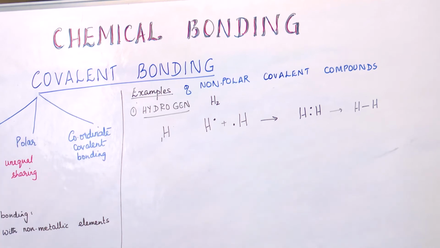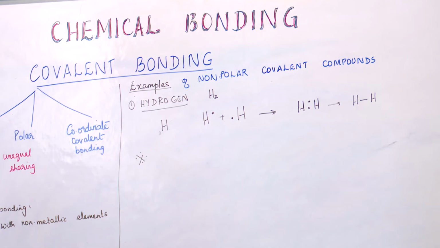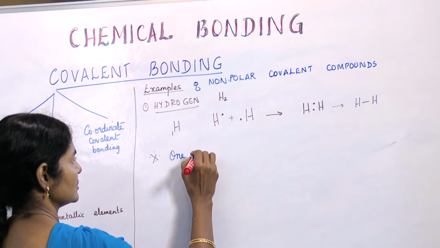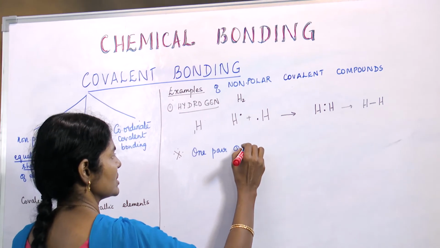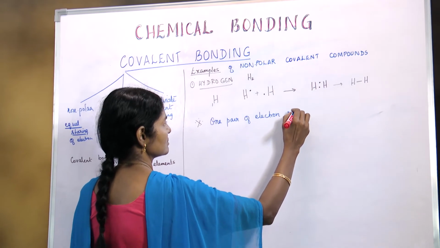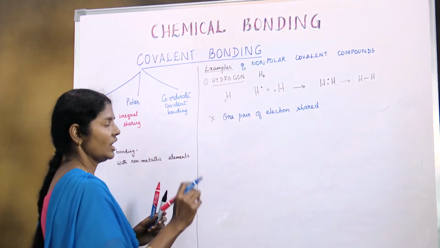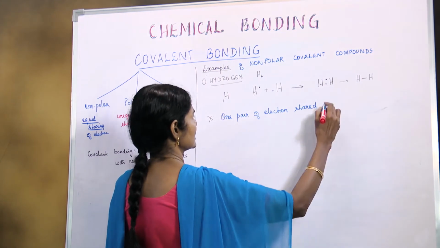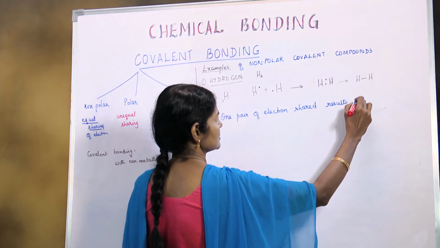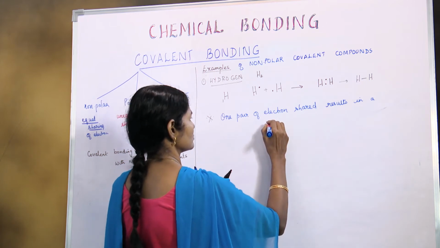Always remember one thing: if one pair of electrons is shared, it results in a single covalent bond, and it is represented by a single dash.